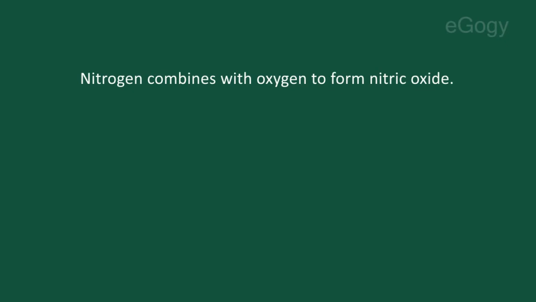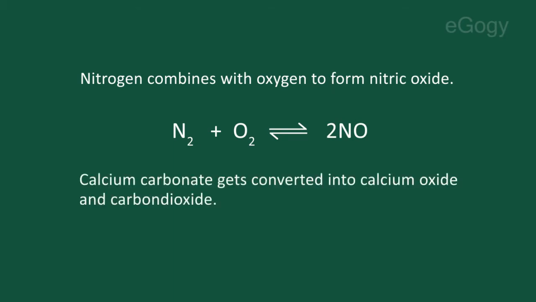Nitrogen combines with oxygen to form nitric oxide. N2 + O2 reversibly forms 2NO. Calcium carbonate gets converted into calcium oxide and carbon dioxide. CaCO3 reversibly forms CaO and CO2.